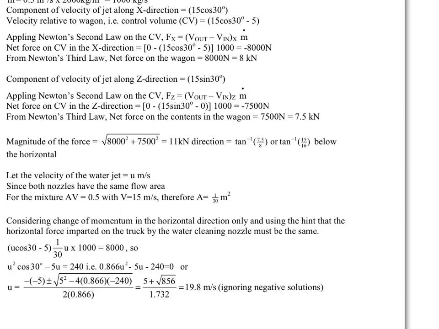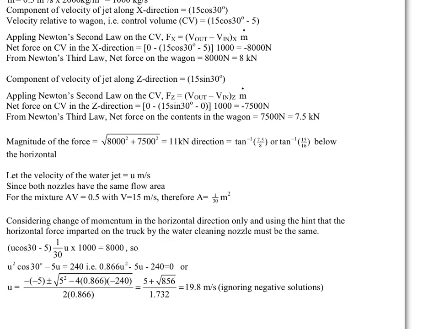In this case now, we do not know the velocity of the water jet, the cleaning jet. Let's give it u meters per second. Since both nozzles, the mixing nozzle and the cleaning nozzle, have the same flow area and the same volumetric flow rate, if we know the velocity is 15 meters per second for the mixing nozzle, then we can find the area of the nozzle.